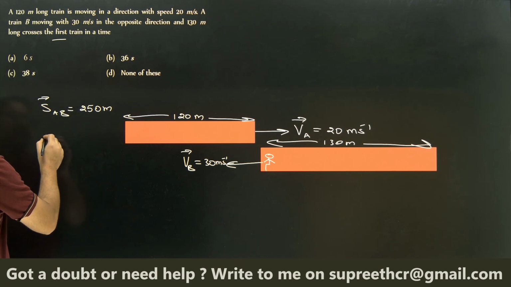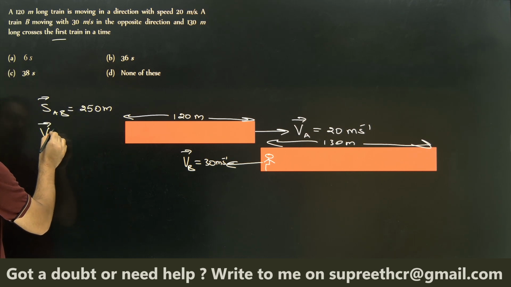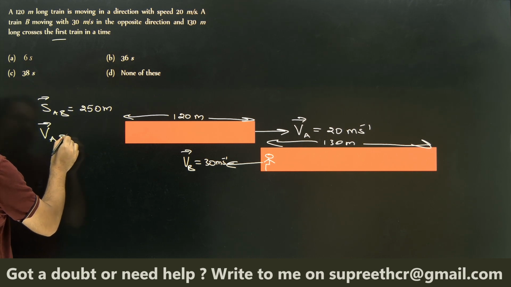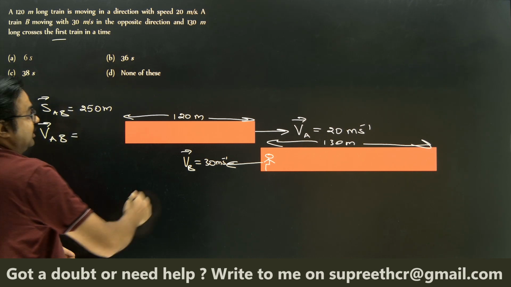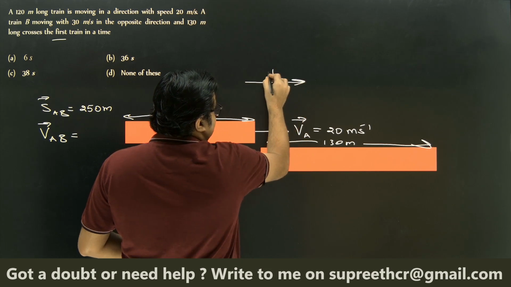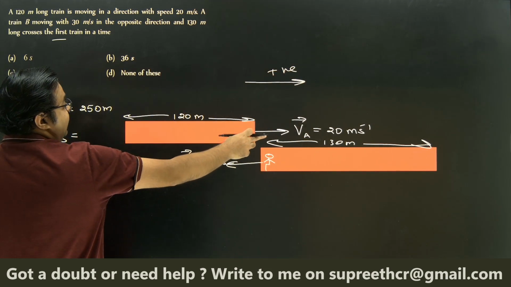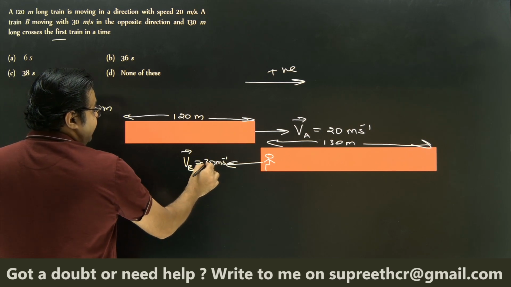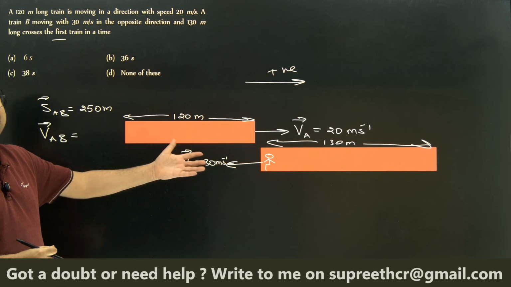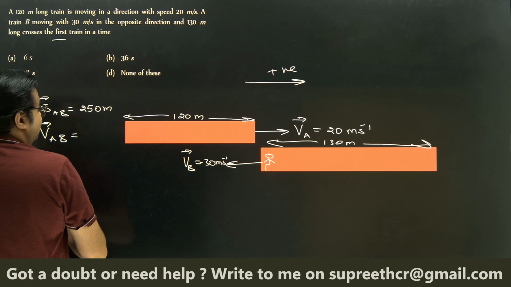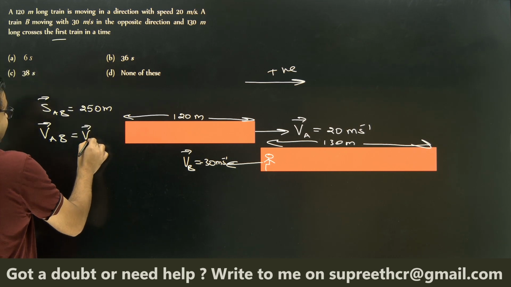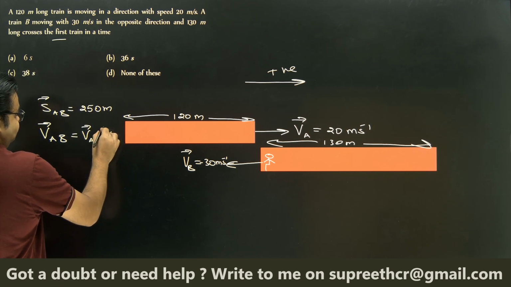And then you can also say the velocity of train A as seen by train B. Do you see that this direction is positive x direction? So the velocity of train A is positive, velocity of train B is negative. So it's minus 30 meter per second. Let's try to compute that. This is VA minus VB.